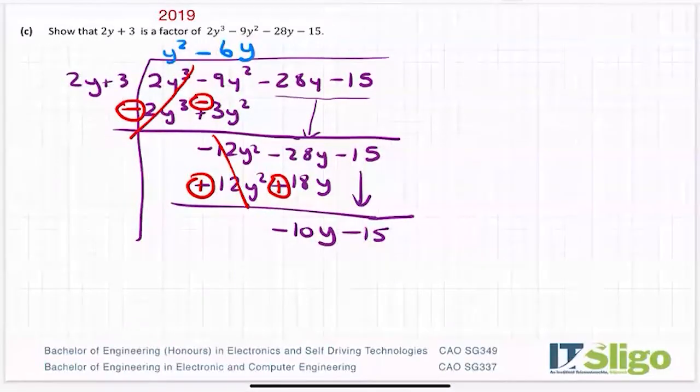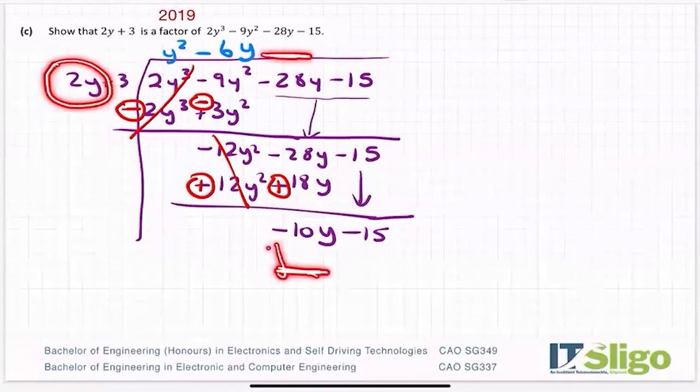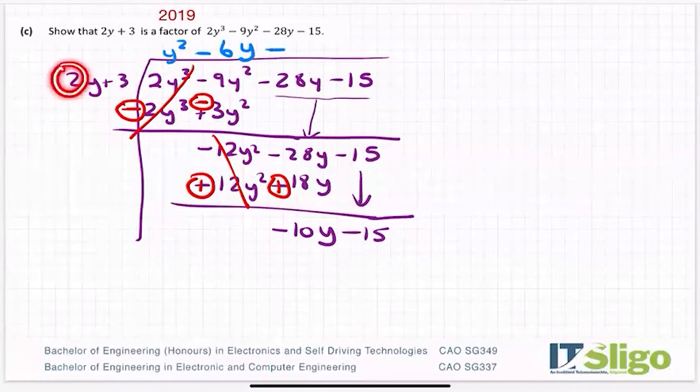Okay, and then I do it all again. What must I multiply by 2y to bring it up to minus 10y? And of course the answer goes up here. Well, it's another minus. So minus up here. What must I multiply by 2 to make it 10? 5. The y is already there, so I don't need another y up the top.